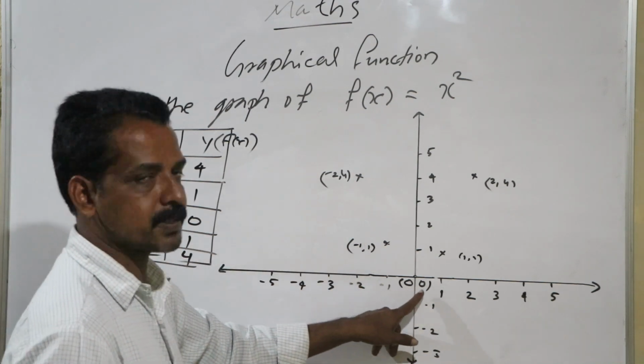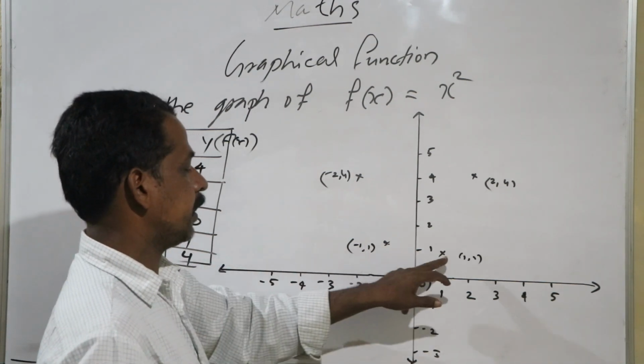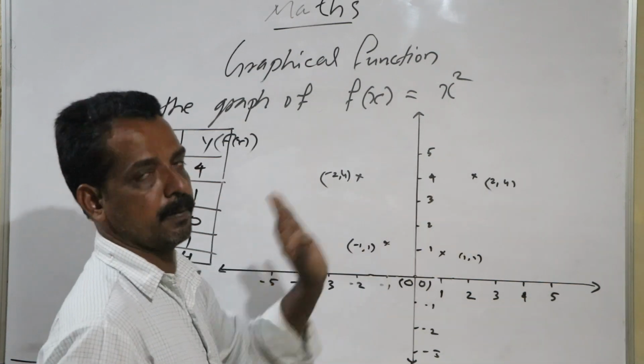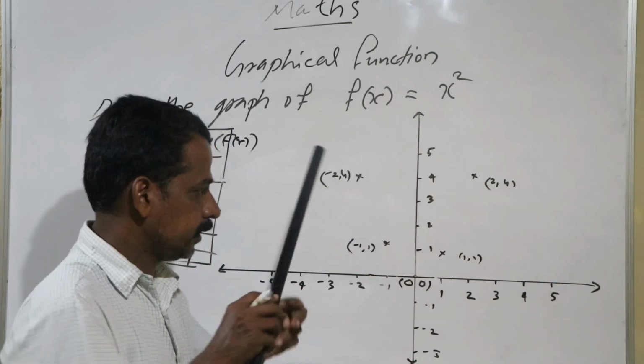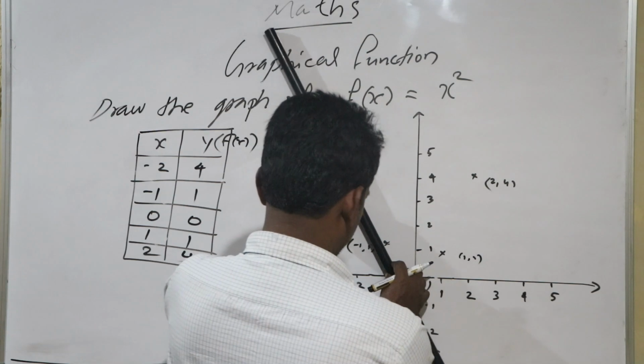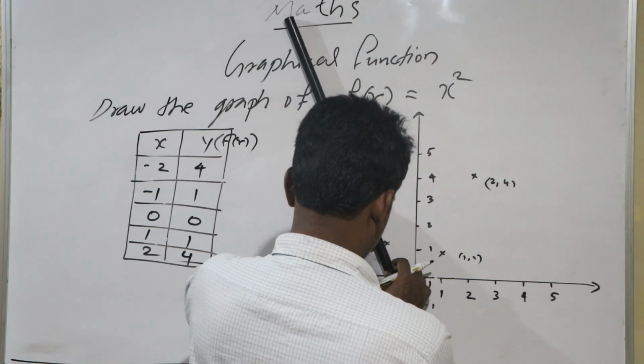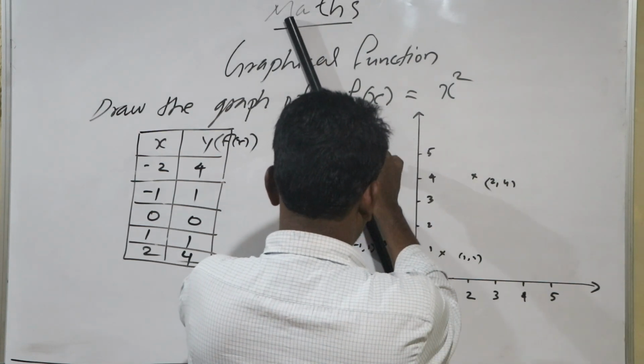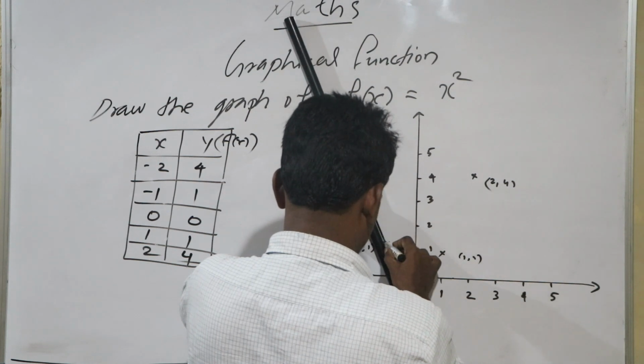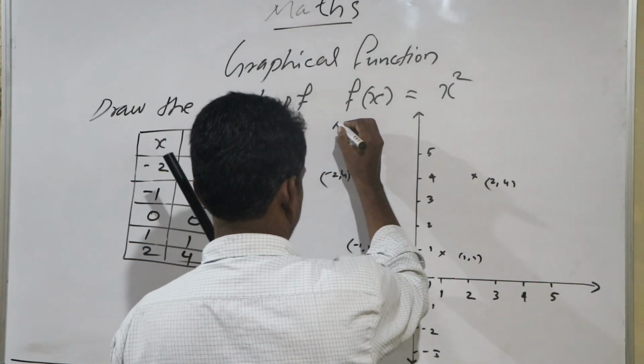And 0, 0 is the origin. 1, 1 here meets. 2, 4 here meets. The next job is this. Next work is this: join this line such as.